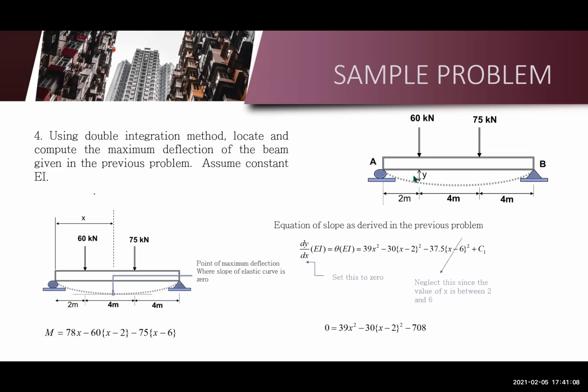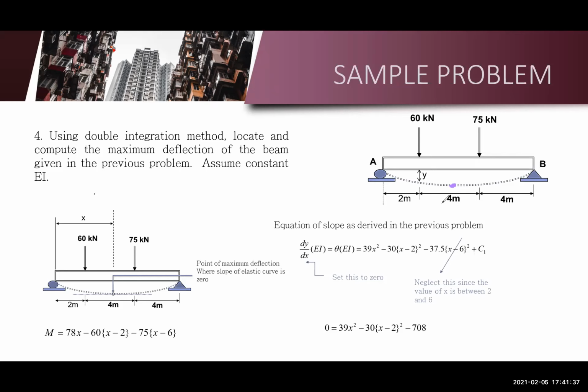Now, first, eto na yung moment equation ng kanina, no? We don't need to get the moment equation. Parehas lang naman yung M. Now, kung ipo-portray natin kung nasan ba yung maximum deflection, obviously it is somewhere here siguro. Hindi lang natin alam yung exact location. Pero nandito siya, imposibleng lumagpas siya sa 75.